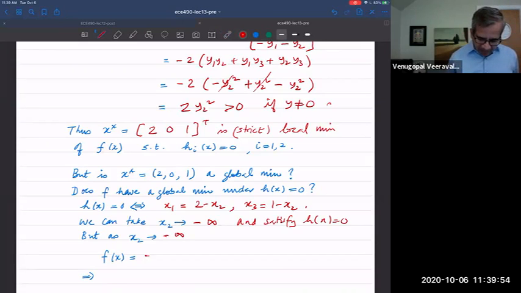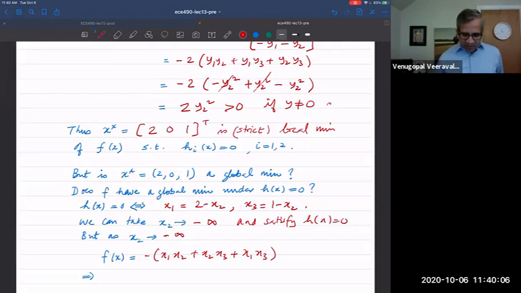So if you look at minus x1 x2 plus x2 x3 plus x1 x3, well, x1 is going to plus infinity, x3 is going to plus infinity, and x2 is going to minus infinity. Okay, so this whole thing is going to minus infinity. All the terms inside the parentheses are going to plus infinity, and there's a minus sign outside. So this is going to minus infinity.